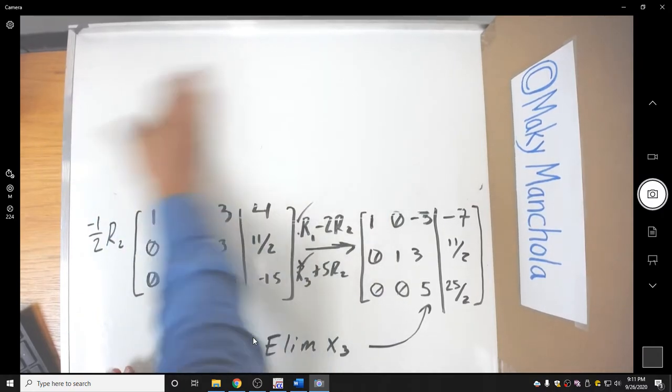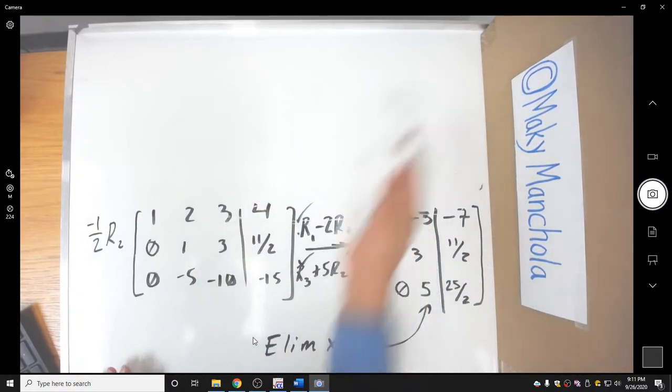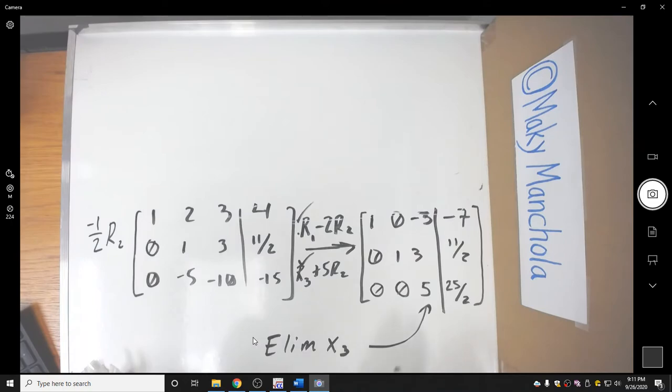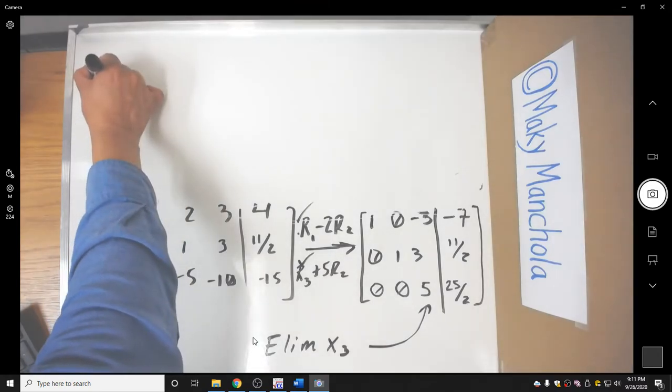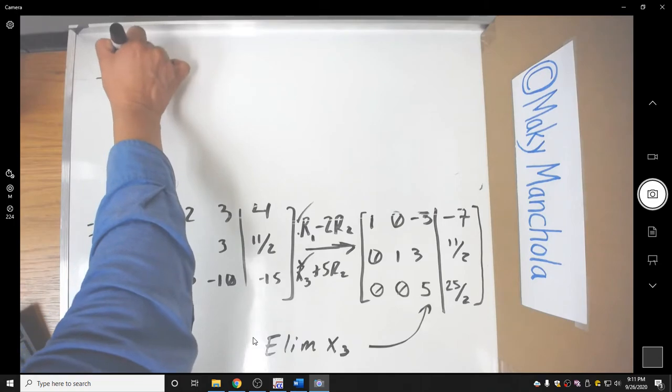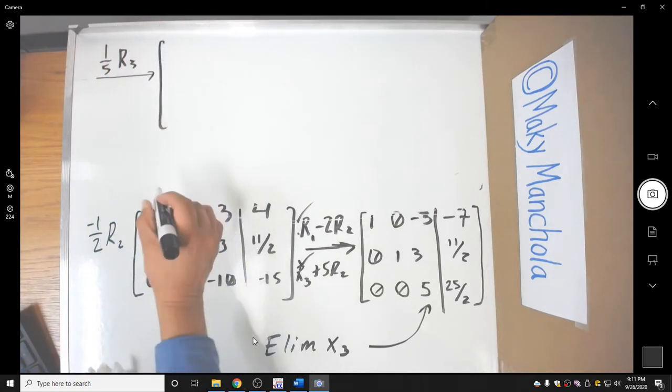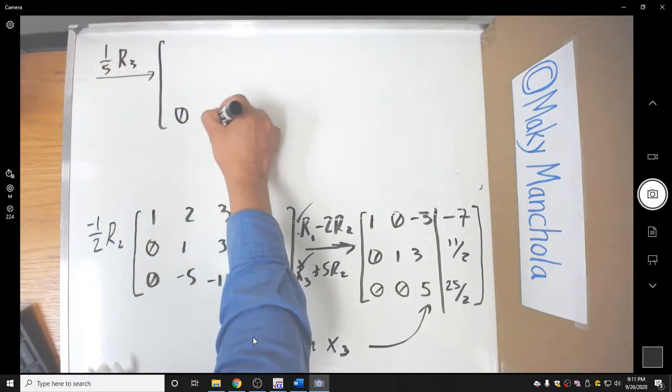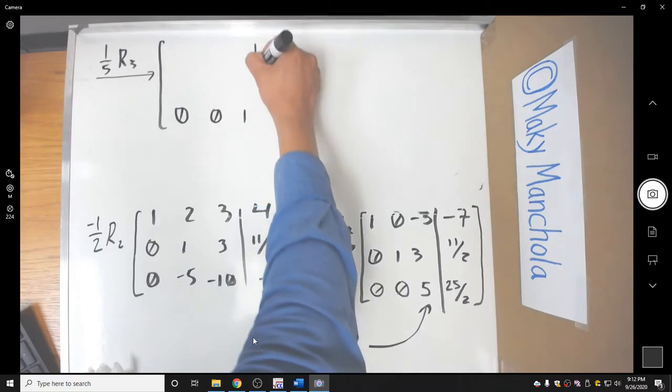Okay, so let's make this a 1, so multiply row 3 by 1/5. So we end up with 0, 0, 1.